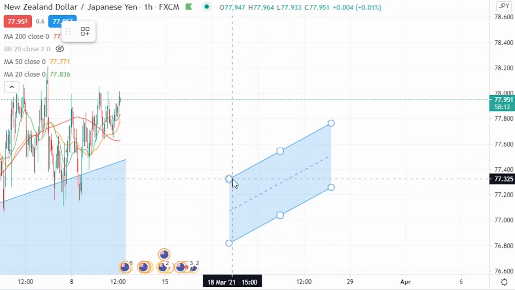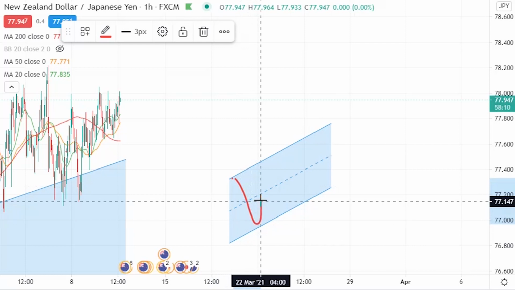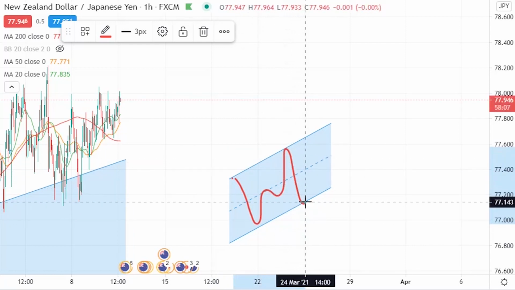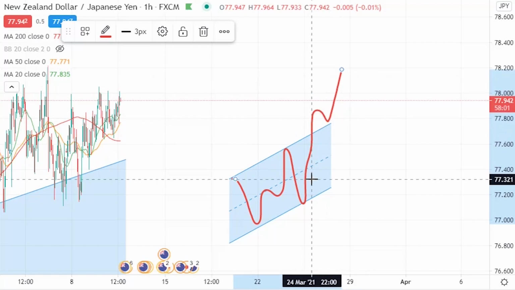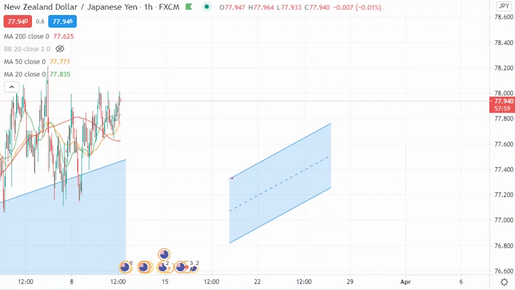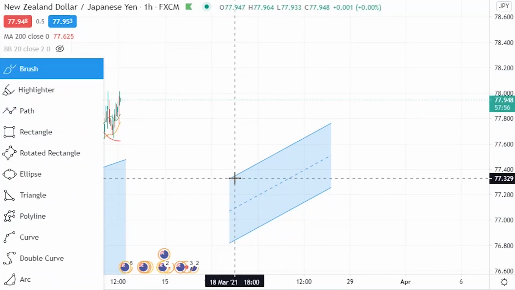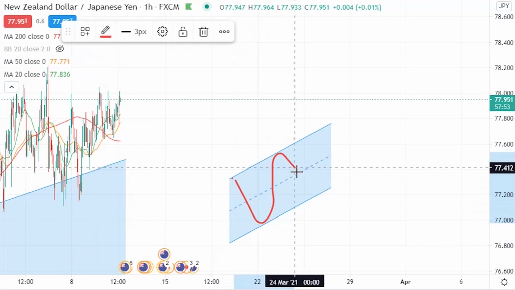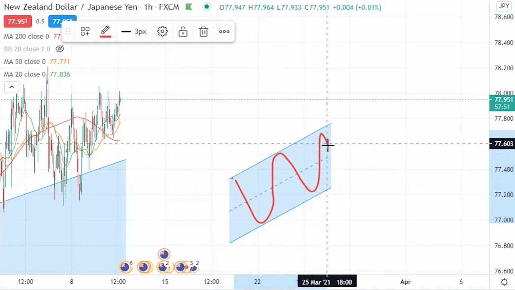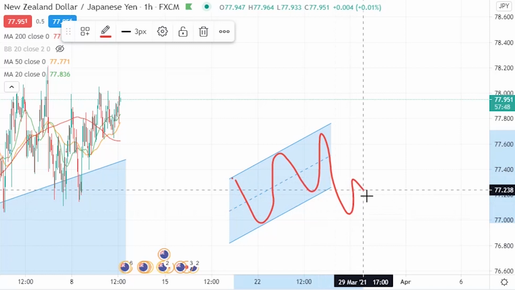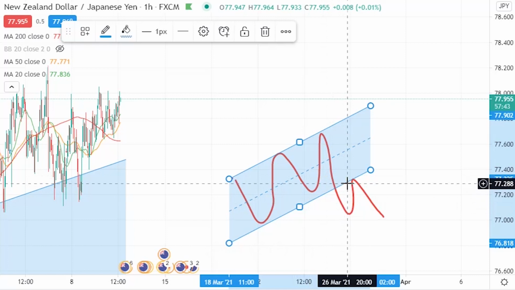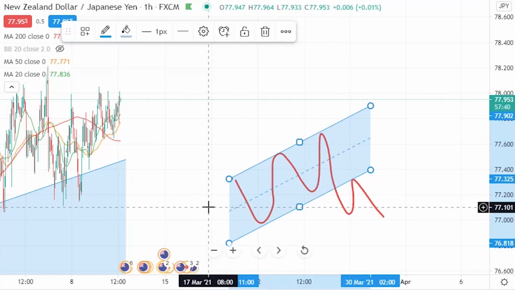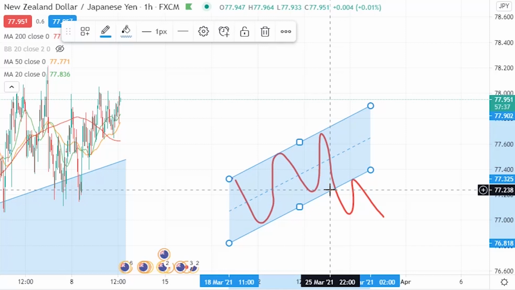Price is in this channel, doing whatever, and then it breaks out and comes back and retests it and continues. Of course, it can go the other way as well. Price is in this channel, doing its thing. It's usually not that perfect, and it breaks out and retests. Same thing. It's the same principle as if it were a horizontal support or resistance. This one's just at an angle.